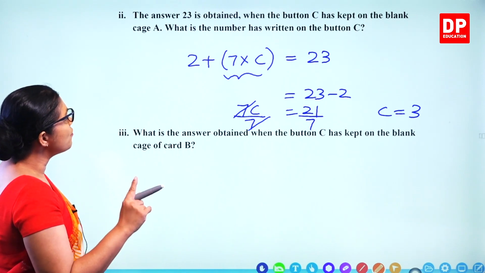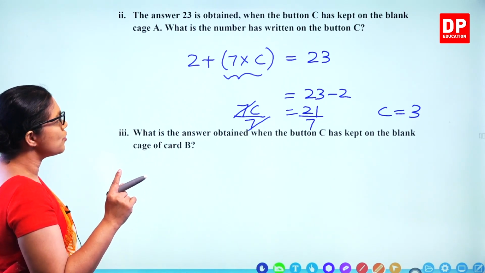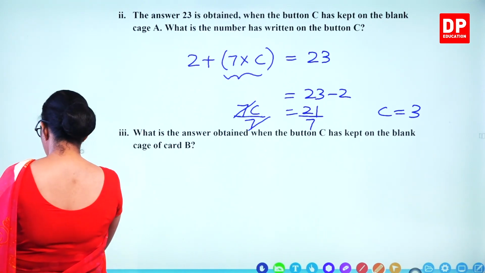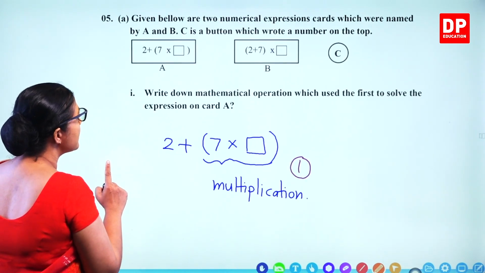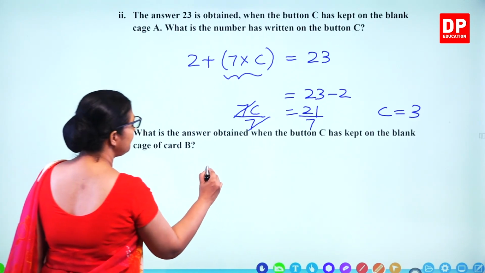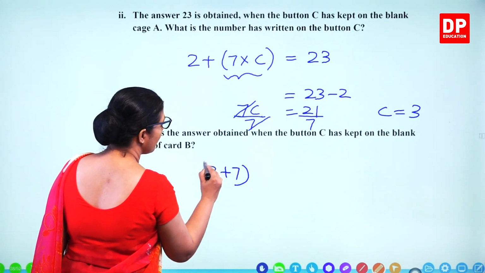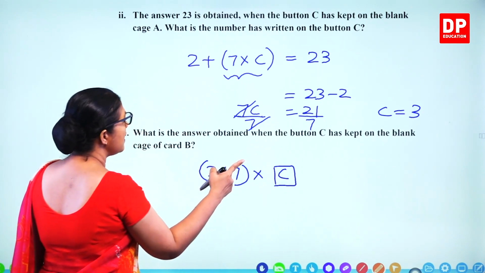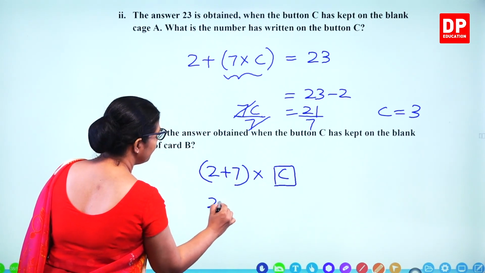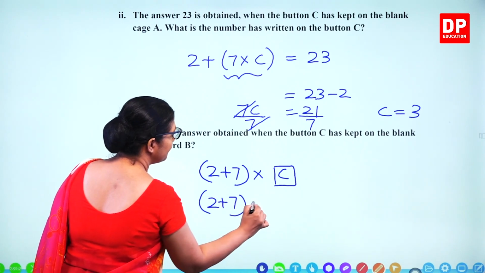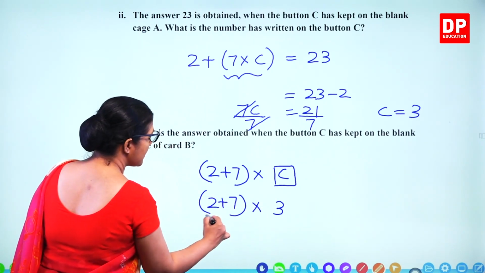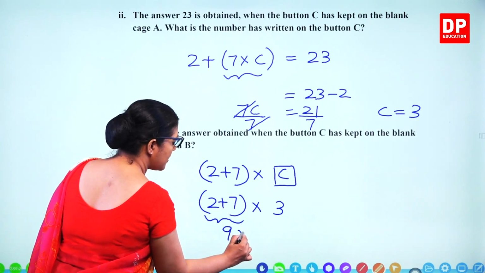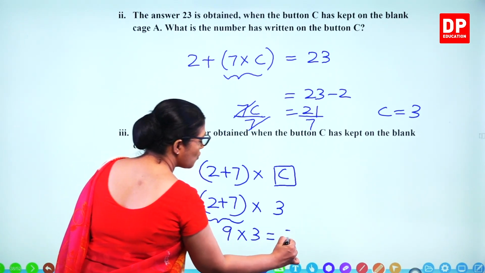What is the answer obtained when the button C has been kept on the blank of card B? So what's card B? 2 plus 7 into C. Now C is 3. 2 plus 7, 9. 9 times 3, 27.